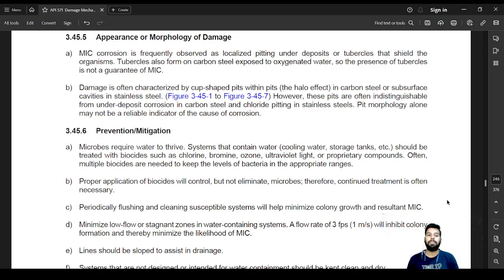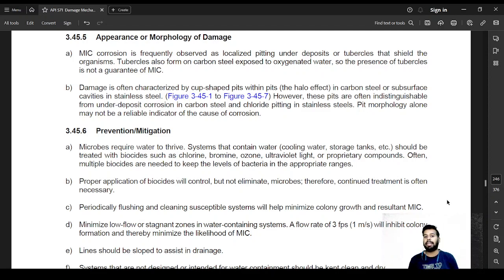Appearance and morphology: MIC corrosion is frequently observed as localized pitting under deposits or tubercles that shield the organisms. So tubercles are basically small areas that shield the organisms around. Tubercles also form on carbon steels exposed to oxygenated water, so the presence of tubercles is not a guarantee of MIC.